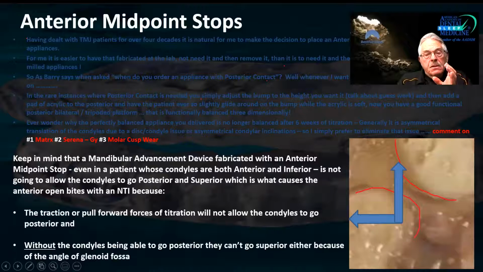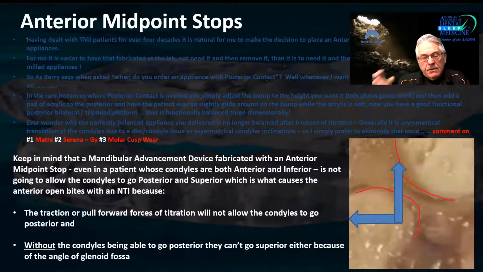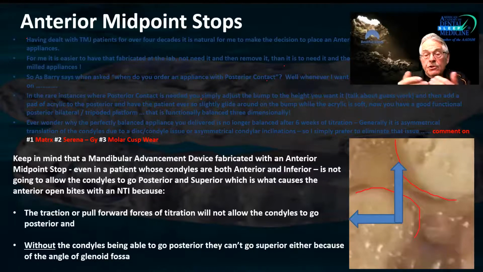So I think that a valid statement here is whether you have a sleep appliance with an anterior midpoint stop on it or not, don't worry about an anterior open bite, but with either of those configurations, in other words, a sleep appliance with or without an anterior midpoint discluding stop, you can develop posterior open bites and also posterior contact problems between the molars. I think those are all products of the sleep appliance, which have nothing to do with the anterior midpoint stop.